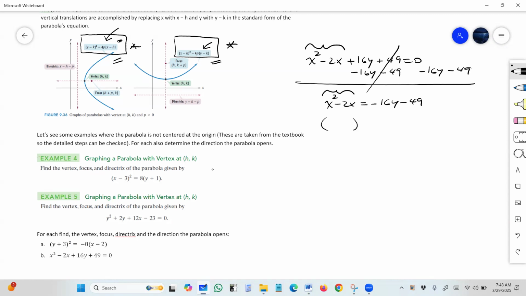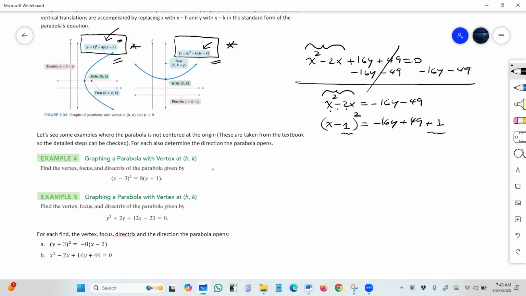So x, same sign, half of this, squared, and then the -1 squared, which in this case is 1, again goes to the other side. Always to the other side to counterbalance, right? You are adding this quantity on the left side, so you need to do the same thing on the right.